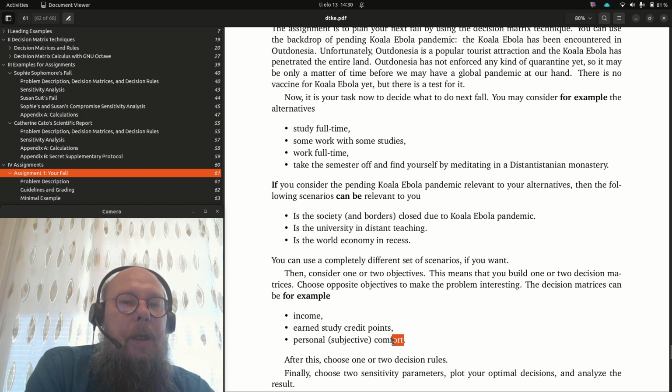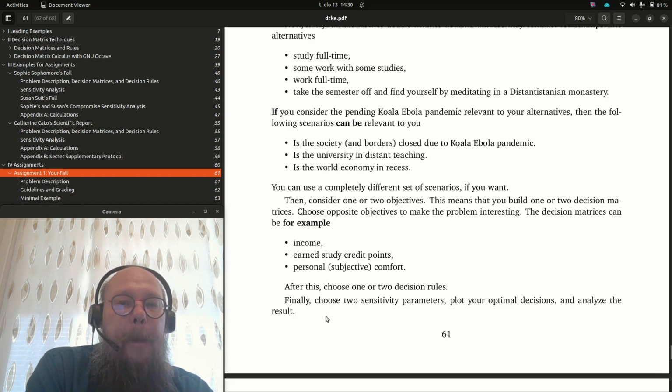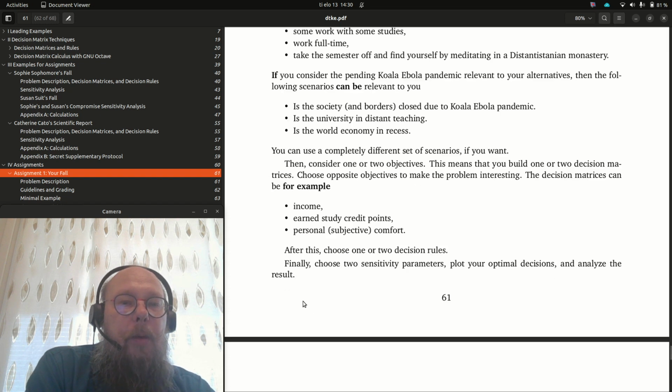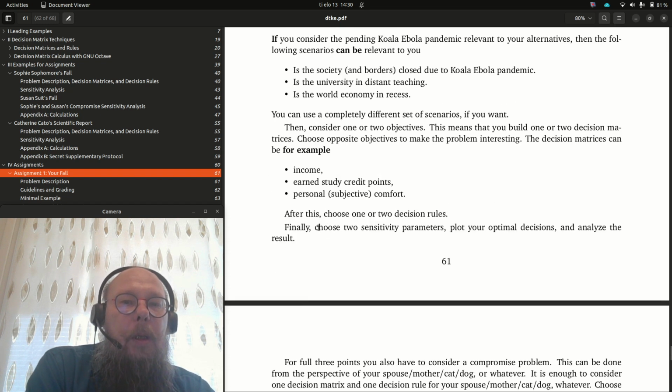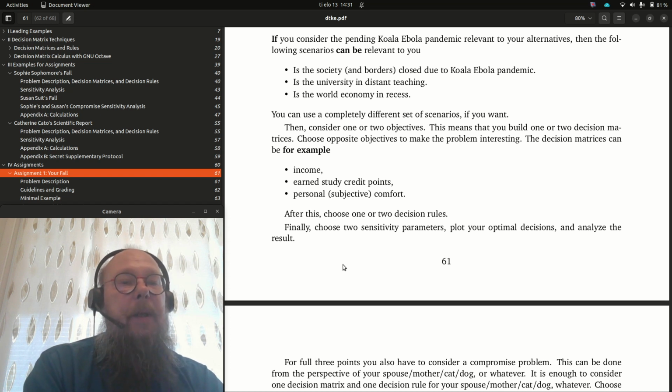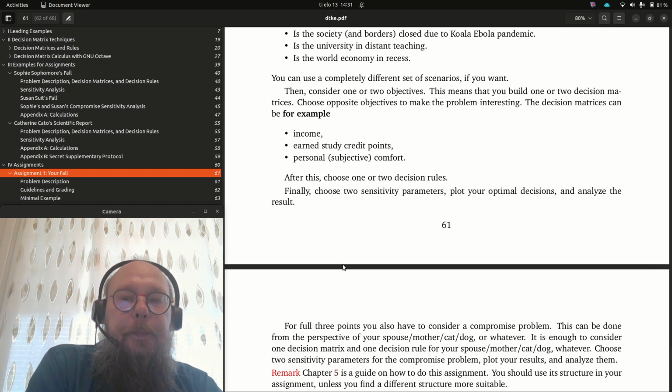This is similar to what we had in the Brianna Brisk and Eugene Equal-Brisk problem, where there is this comfort. You can use this comfort also as a decision matrix. You just have to estimate the values somehow. Then finally, you choose two sensitivity parameters and plot the optimal decisions in a picture and analyze the result a little bit. Then put the calculations or the code that you use for the calculations as an appendix in your report, and that's it.